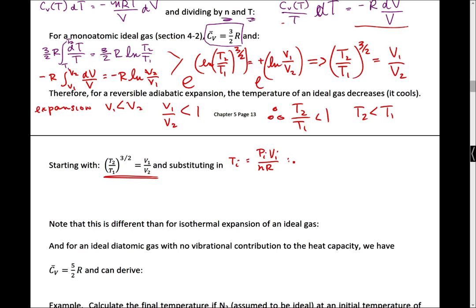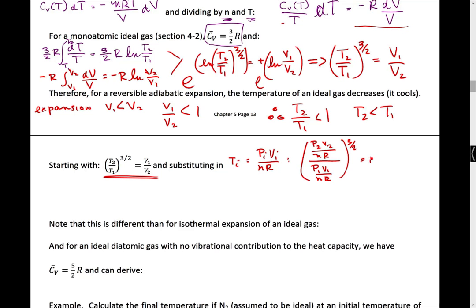Putting that together, in the numerator I've got P2 V2 over nR. That whole thing is divided by P1 V1 over nR. That in turn is raised to the 3/2 power, and we see that this ends up as P2 V2 over P1 V1.